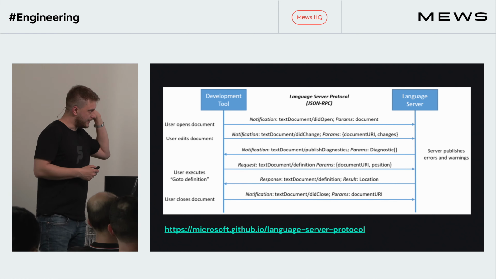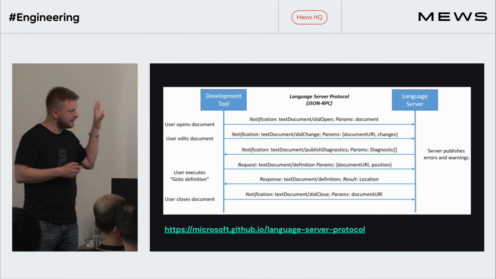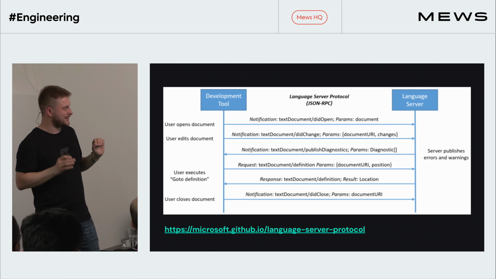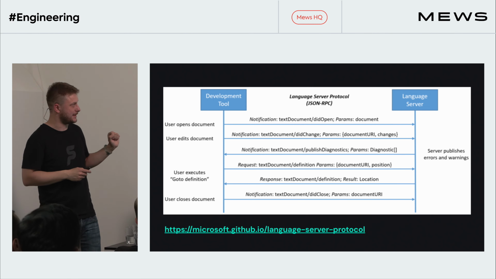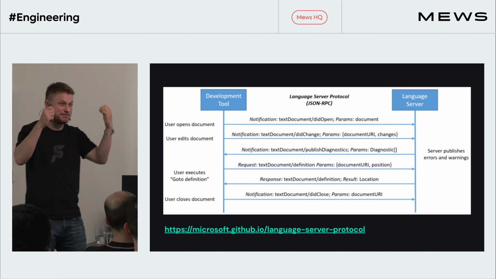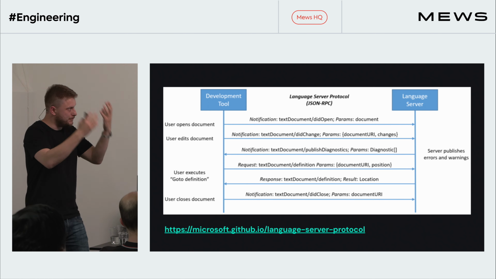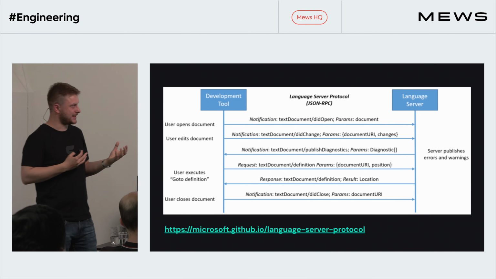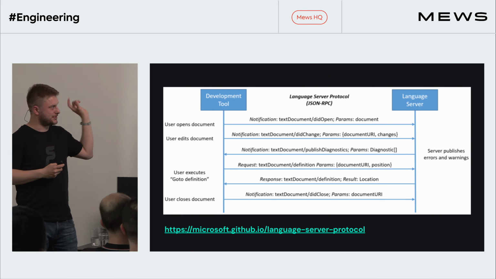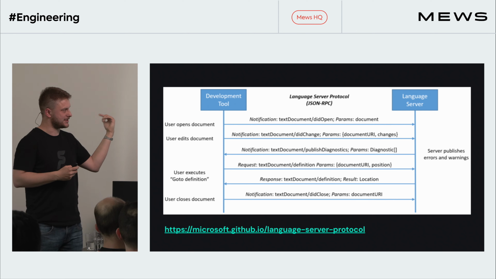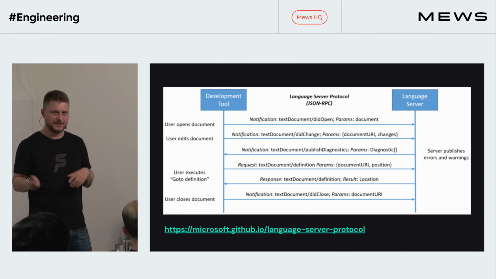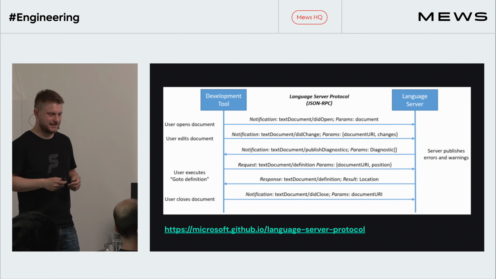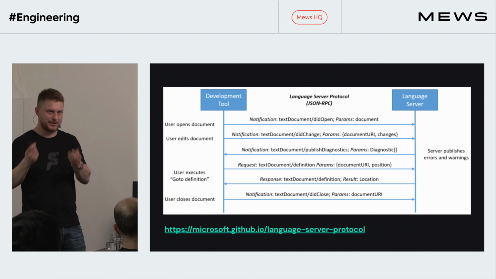And if you are into nitty-gritty details, you can check the official specification. But the funny thing about the language server protocol is that it basically mirrors your whole project, and it communicates through JSON RPC with the editor. So the editor says, "Hey, I have opened this file," and the server says, "Okay, I will open this file."